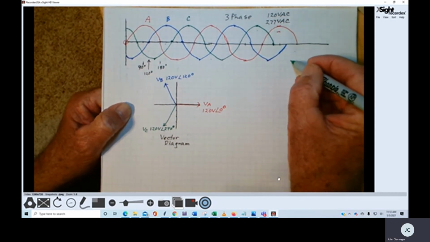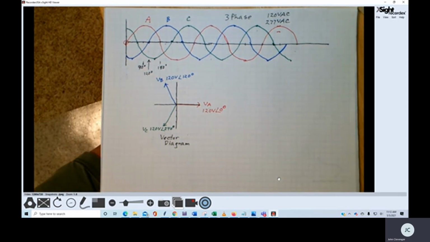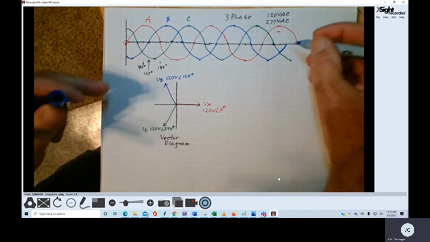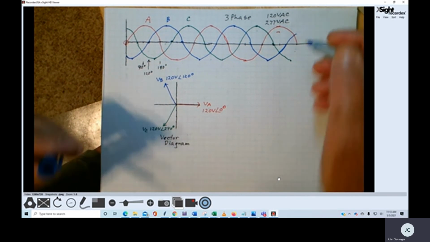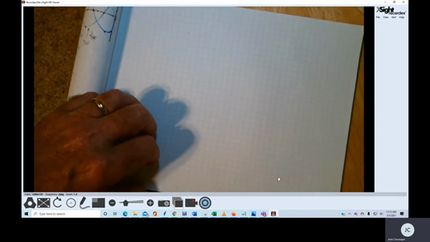Let's finish him up. There we go. And of course, phase B, he's feeling left out too. Let's bring him on. There we go. That's much better. Okay. Any questions?